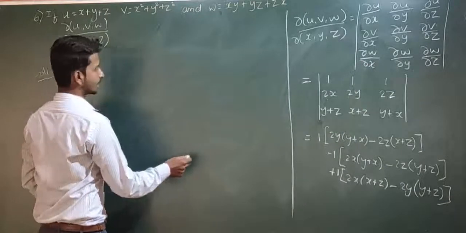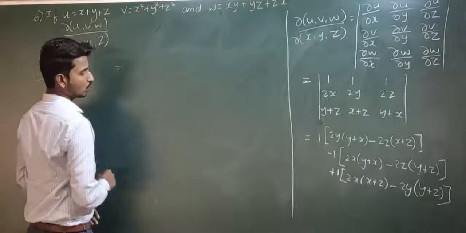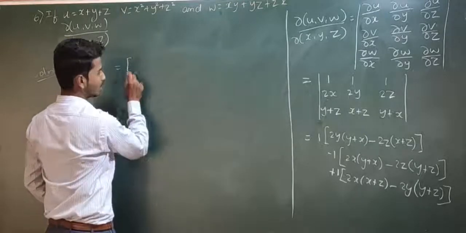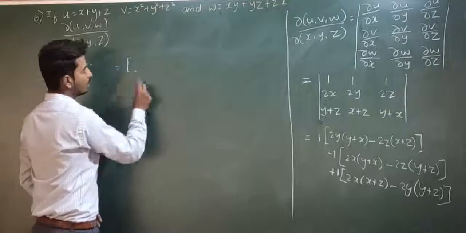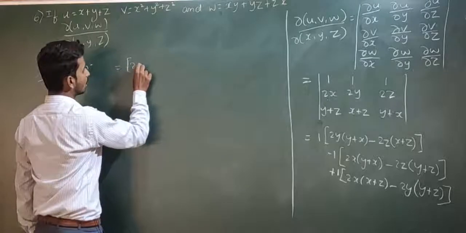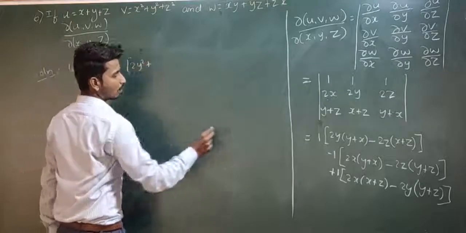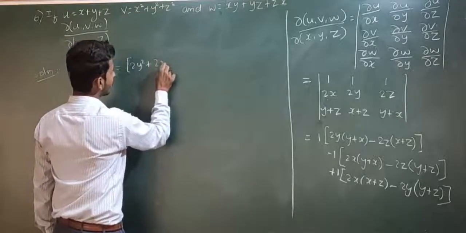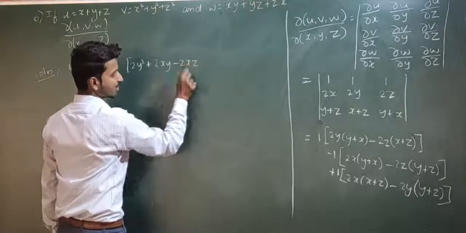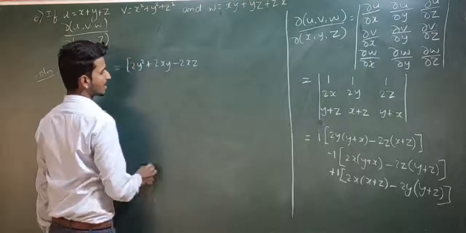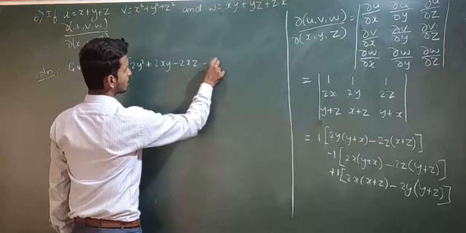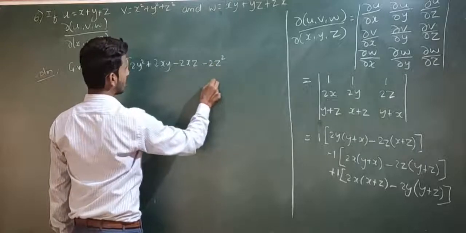Next we will solve this, which is equal to 2y into y, that is 2y square, plus 2xy, minus 2xz, 2z into x, that is 2xz, minus 2z into z will be minus 2z square.